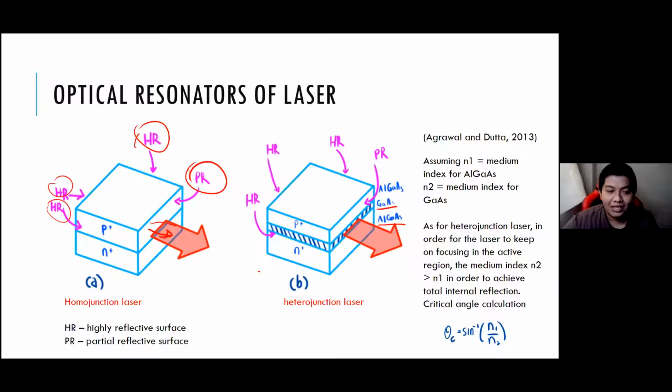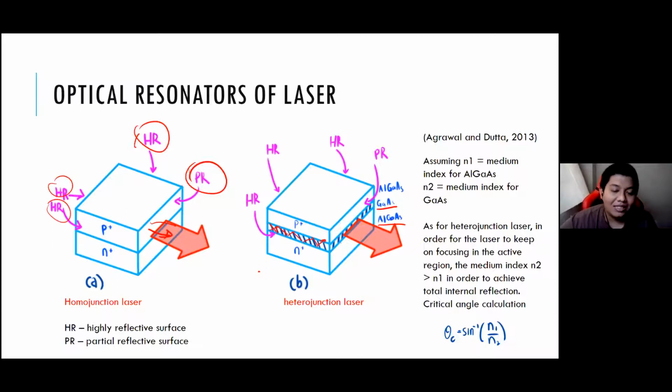The reason is that we want to capitalize on what we call the total internal reflection. So the photon will be generated inside this region, but the photon would be focused in the middle, in the active region here.